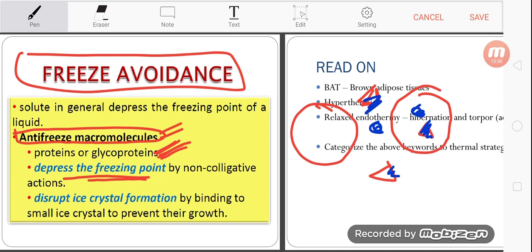Okay, at the same time, due to these antifreeze macromolecules, it will depress the freezing point. The freezing point is 0, for example. So with the presence of these antifreeze molecules, the freezing point becomes -20. So this cell can survive more in this freezing temperature, okay, due to these solute antifreeze macromolecules.